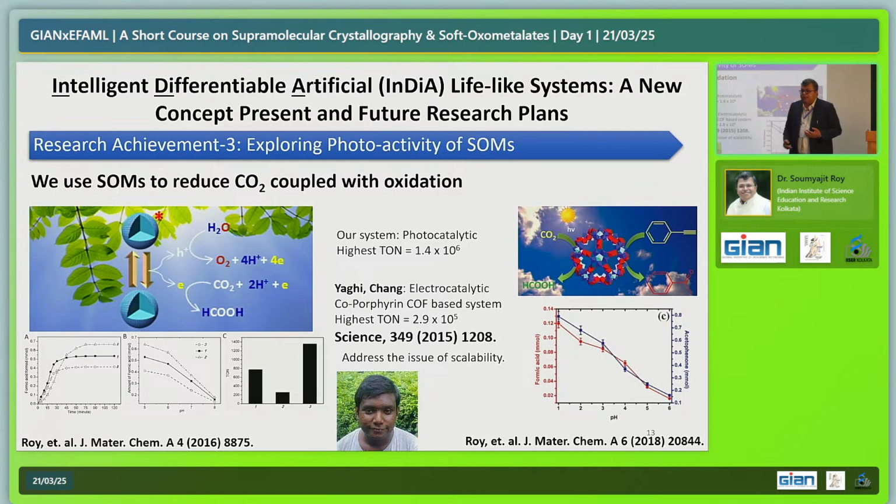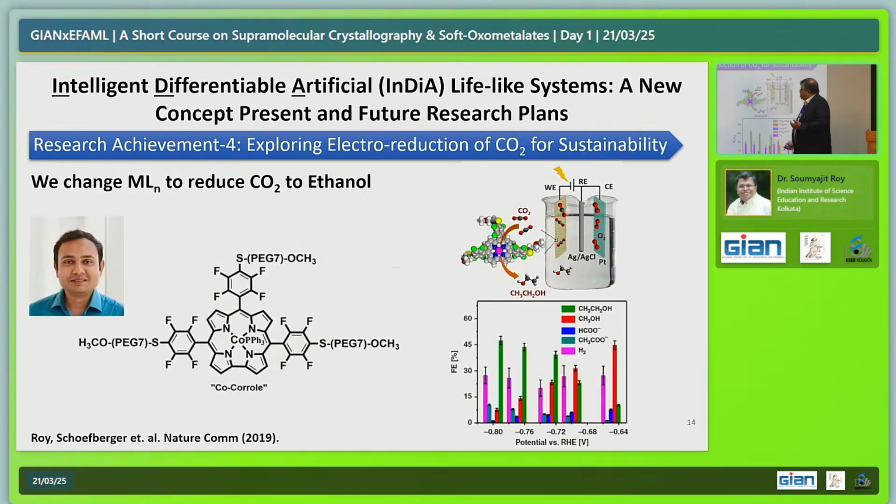Then Shaunik Pal, another PhD student of my group, who is now working in Czech Republic, joined hands with Professor Wolfgang Schöfberger from Austria, and he was able to show that you can change these ligand systems into corrole type systems with a cobalt and a triphenyl phosphine. You are able to reduce carbon dioxide into ethanol.